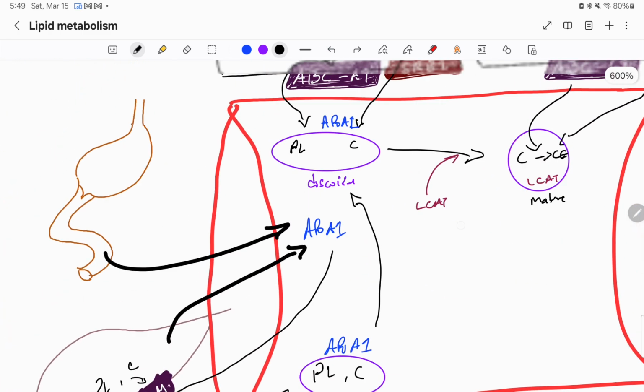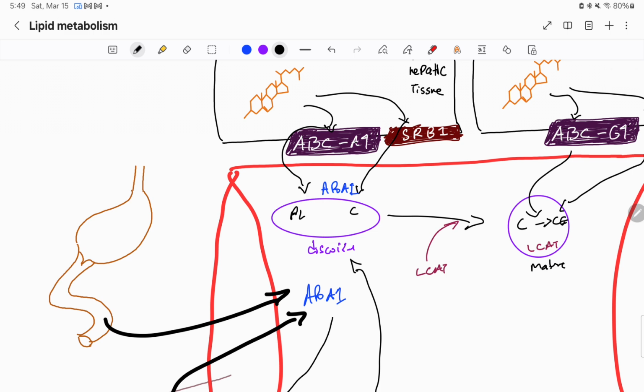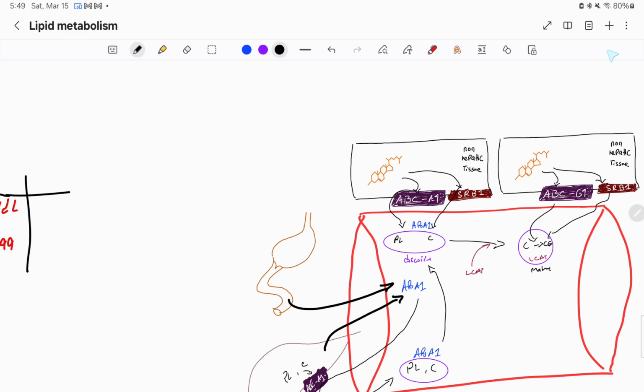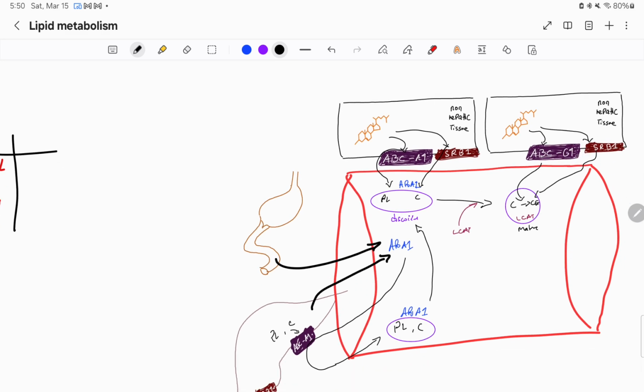And we know that there was already phospholipids inside of this actual HDL, okay? So that's what's going to happen here. And this HDL molecule will do a couple of rounds like this where it'll go and interact with these non-hepatic tissues that have ABCG1 and the SR-B1, and it'll keep getting larger, okay? And the LCAT will continue turning that cholesterol into cholesterol esters.